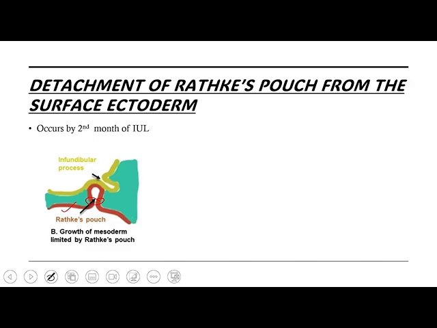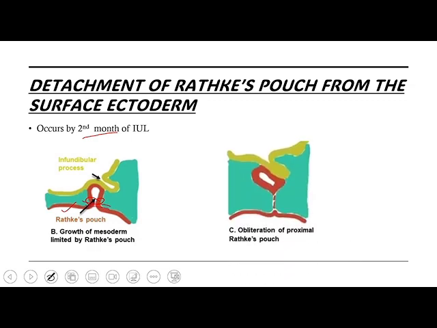That happens during the second month of intrauterine life, and during its obliteration or constriction, it gets detached from this surface ectoderm and appears as a separate one. Here you can appreciate the obliteration of the proximal Rathke's pouch, or the base of this Rathke's pouch, and that later it gets detached from the surface ectoderm.